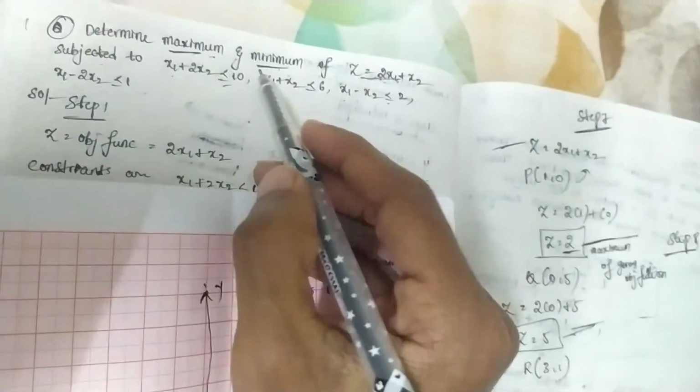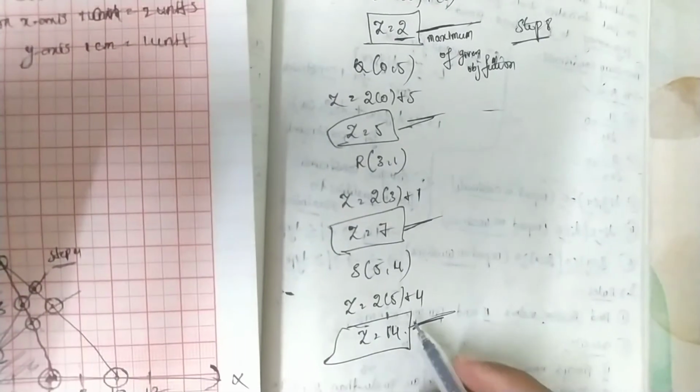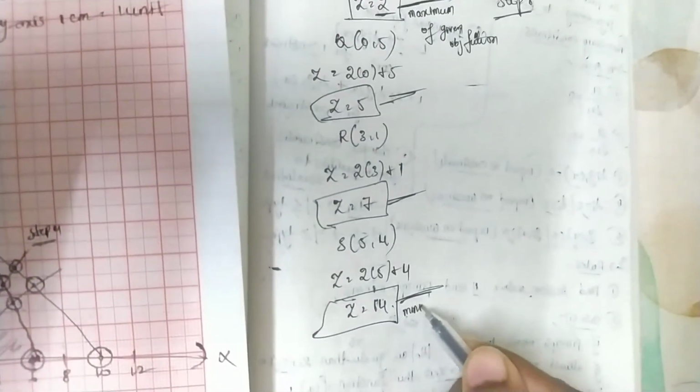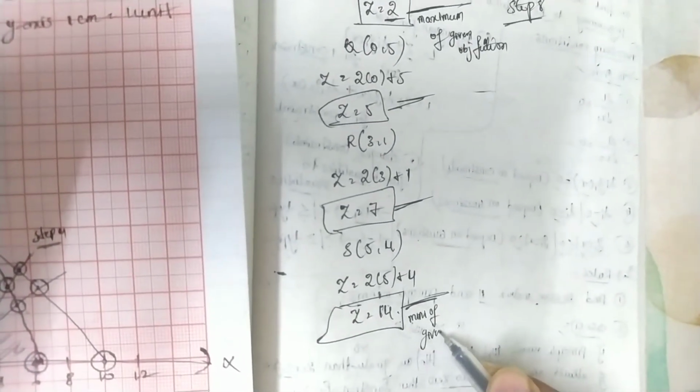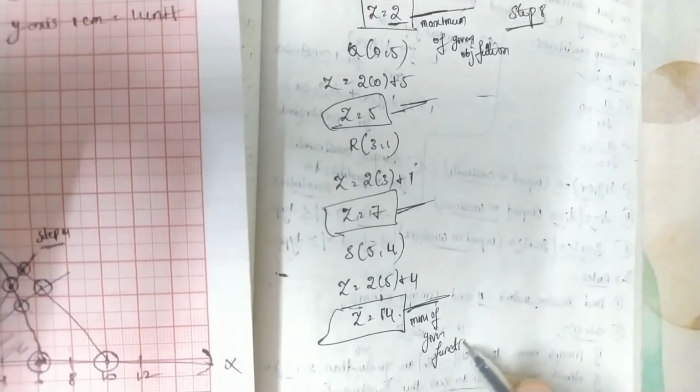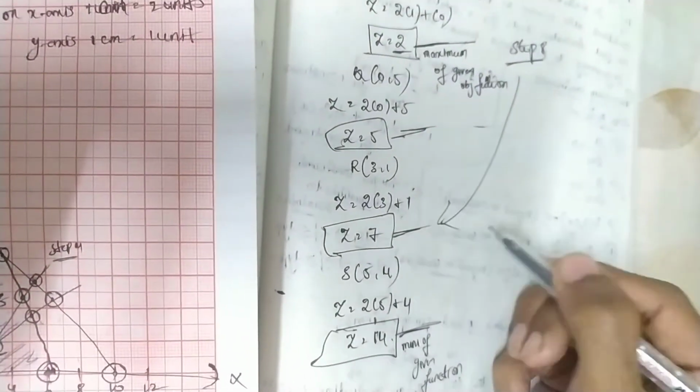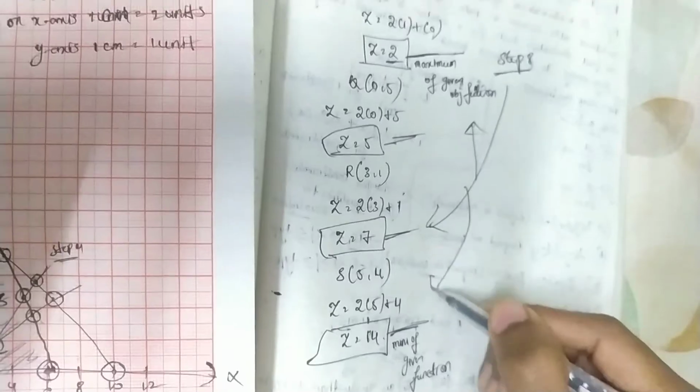And we are also asked for the minimum of z. The minimum of z is z equals 14, the minimum of the given objective function. This is step 8.